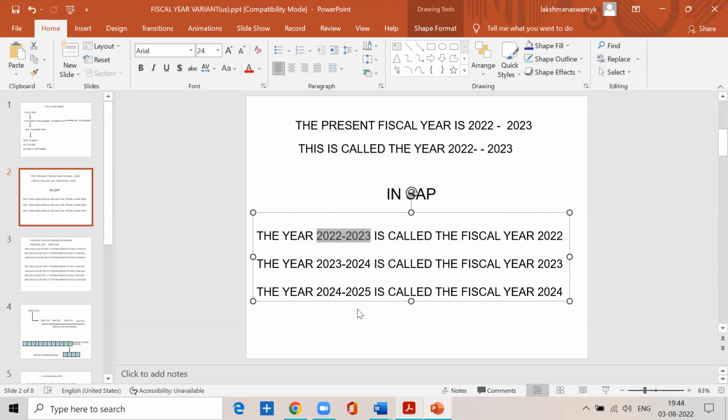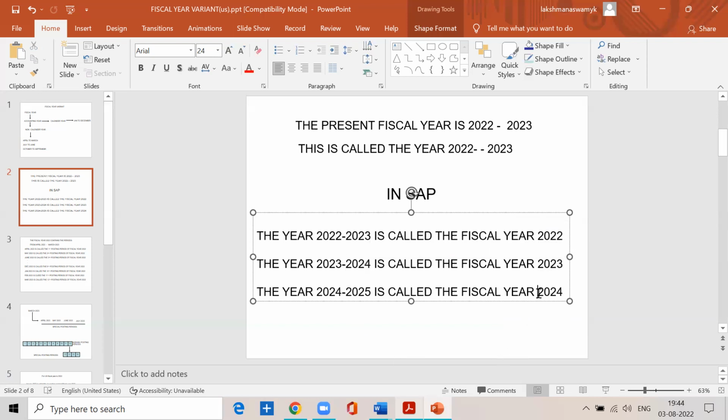So in SAP, in the case of Indian companies, whenever you say the fiscal year is 2022, you have to understand that it contains the months starting from April 2022 and ending with March 2023. Similarly, when you say fiscal year 2023, it contains the months starting from April 2023 and ending with March 2024.